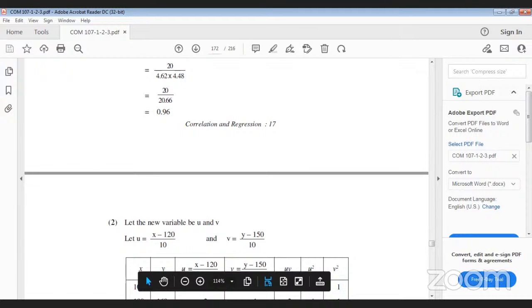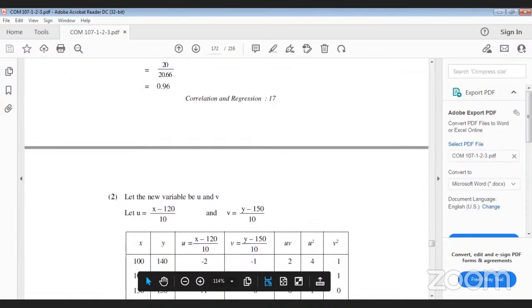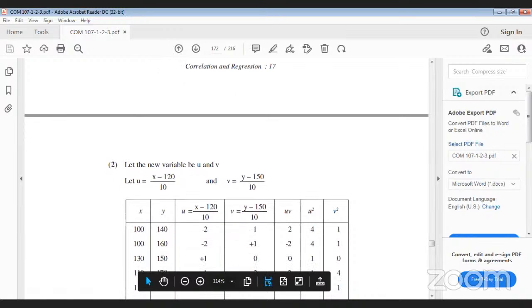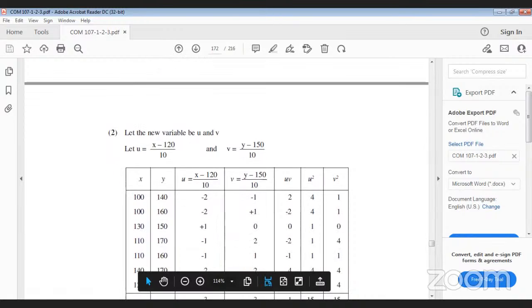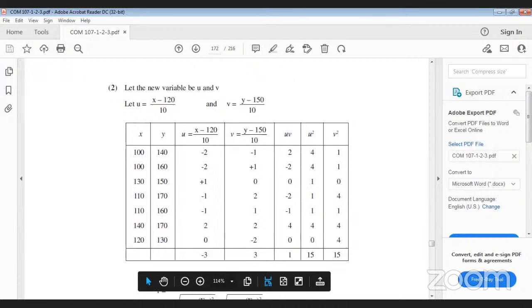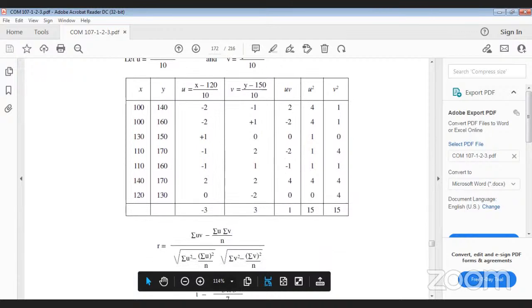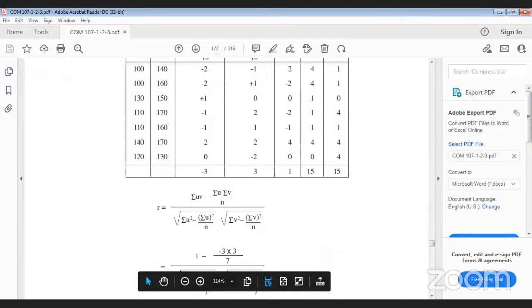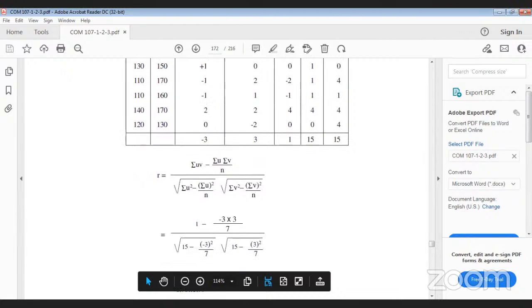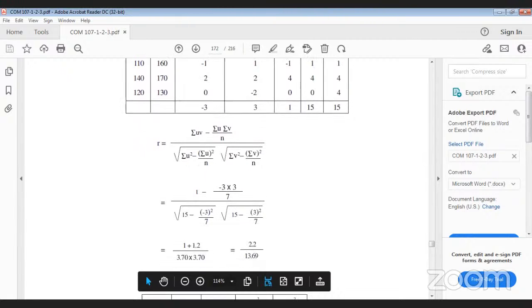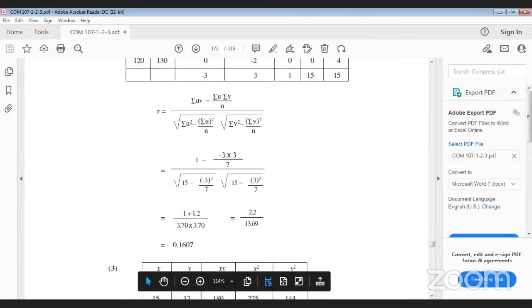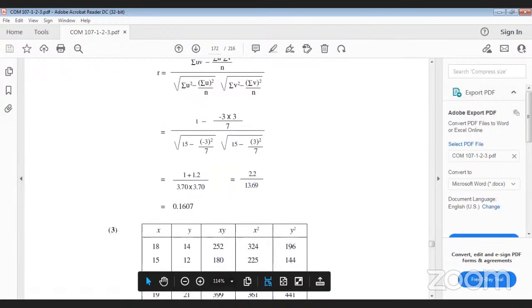Then you will find 1 minus 6 into 32 here. It is correctly written as 32 here, but only in the above column this total is not correctly written. It should be 42 here, instead of 32.